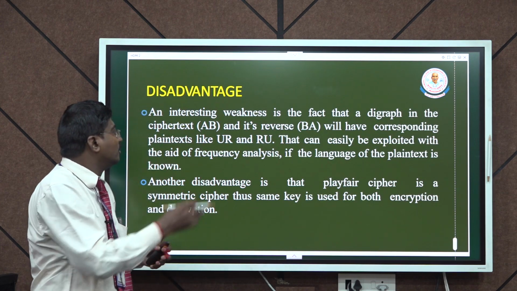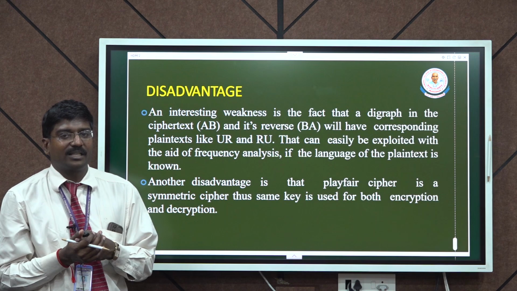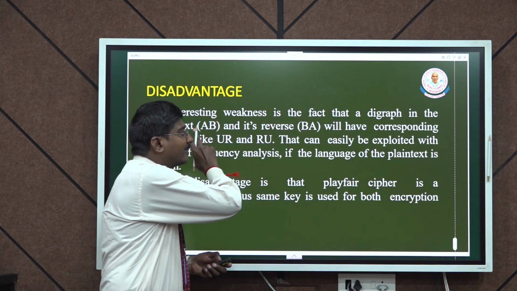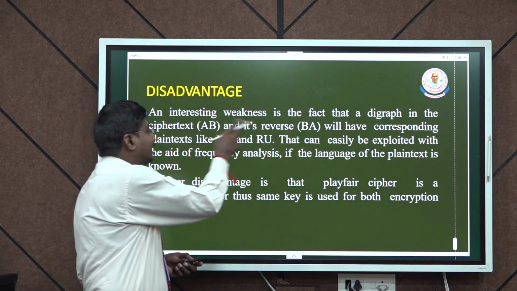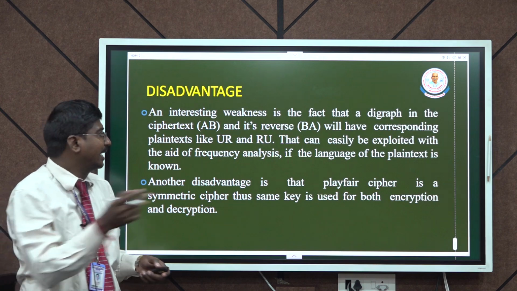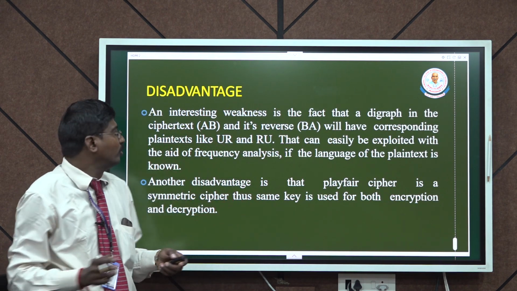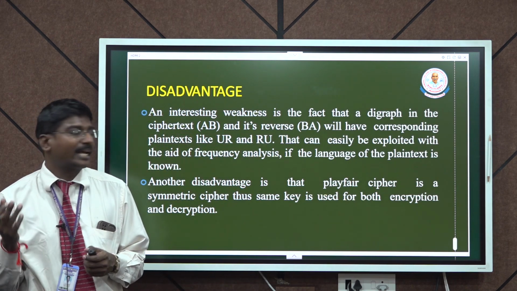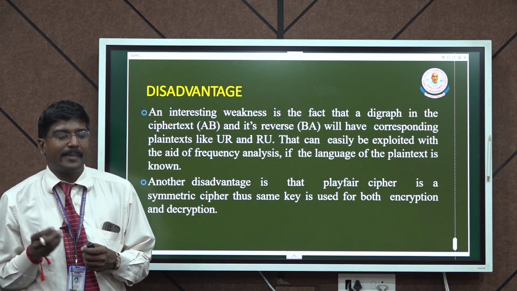So we can easily identify whether it is a reverse process. The plain text and ciphertext are reverses of each other. Correspondingly, UR is the reverse of RU when converting plain text to ciphertext. It can be easily exploited when frequency analysis is done by others.